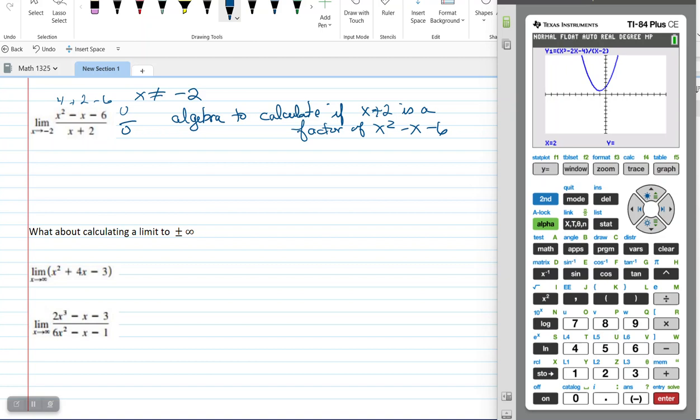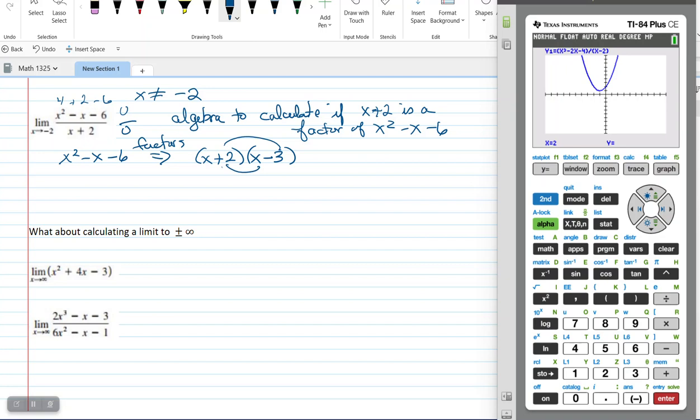All right, so that means we're going to factor the numerator this time. So if I have x squared minus x minus 6, it factors to x plus 2, x minus 3. So this will give us the negative 6x, and this will give you a 2x, so the difference is a negative x.